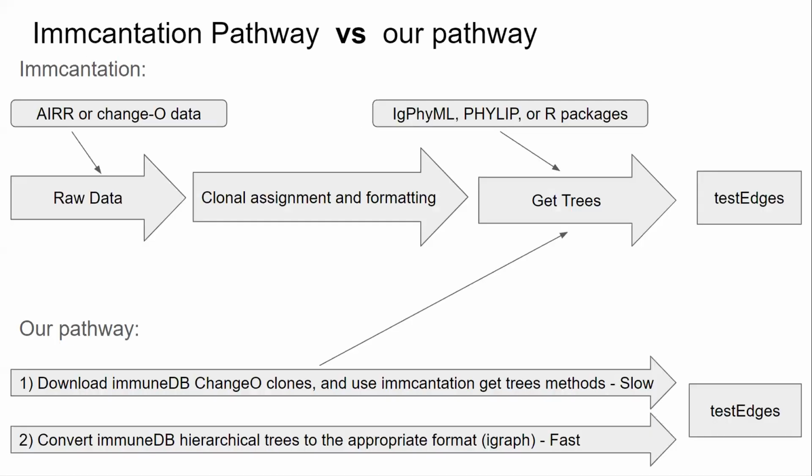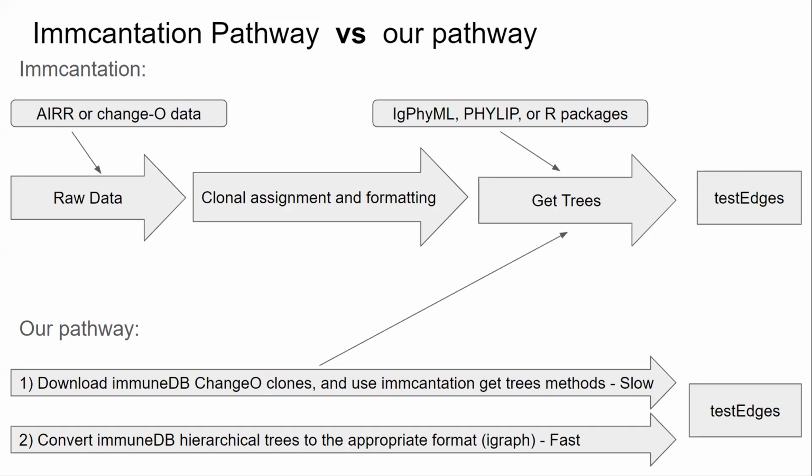So to do this analysis based on Immcantation tools, first of all, you need to start with your raw data, which would be the AIRR or the Change-O data. Then you do your clonal assignment and formatting using Immcantation tools. Then you need to get your trees, and to get that with Immcantation, you could use one of their packages, IgPhyML, or Dowser, or use our packages. Then you can start using your test edges test.